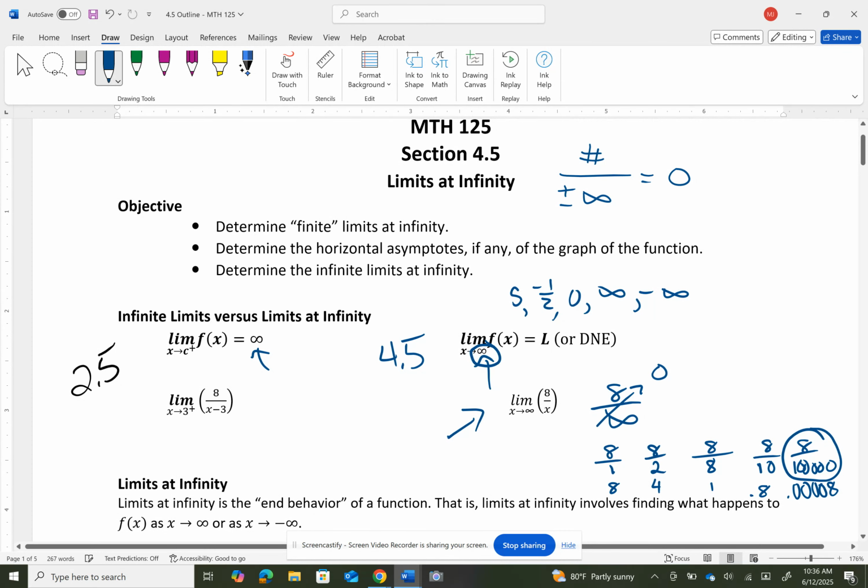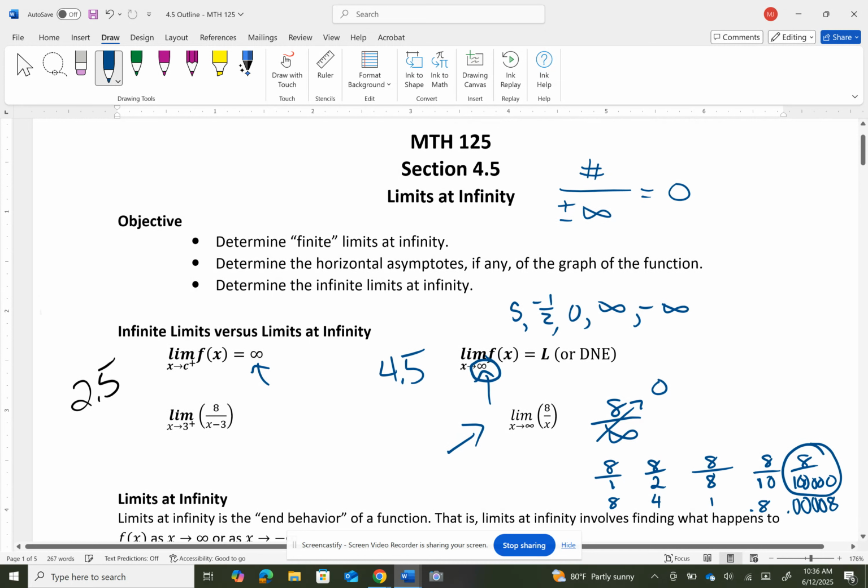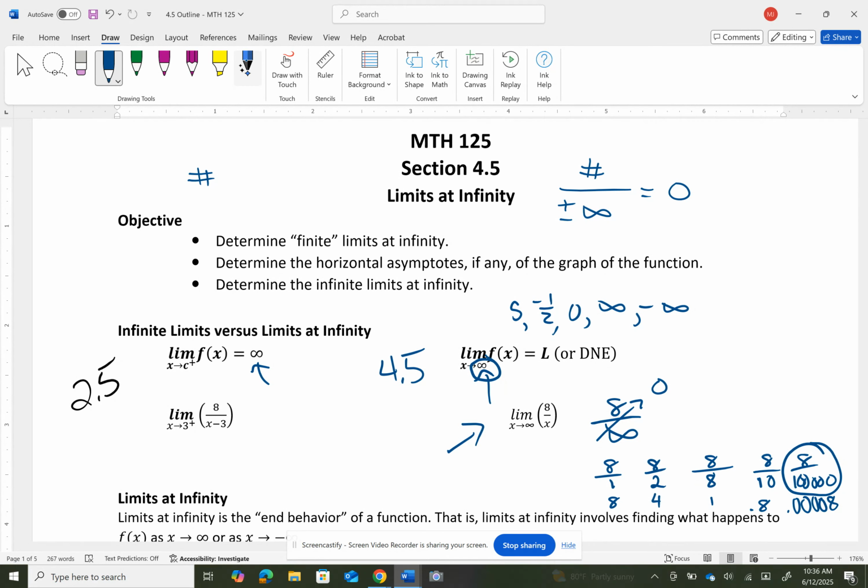It's the other way when you have a fixed number on top, and in the denominator you have a 0 in the bottom, then that's going to wind up equaling either positive infinity or negative infinity, depending upon some other aspects of it.